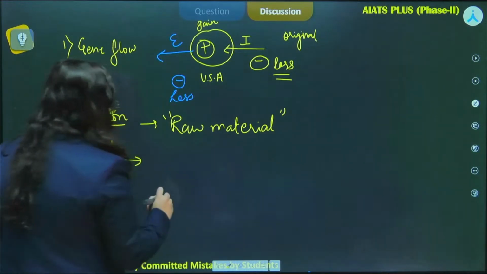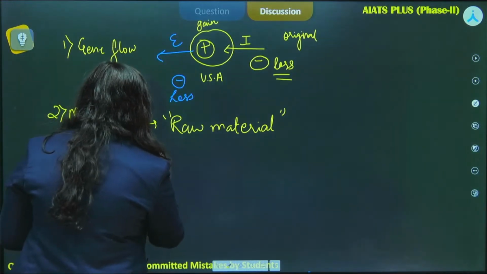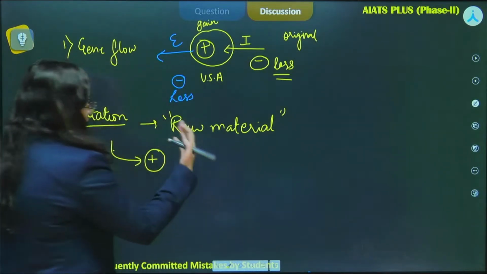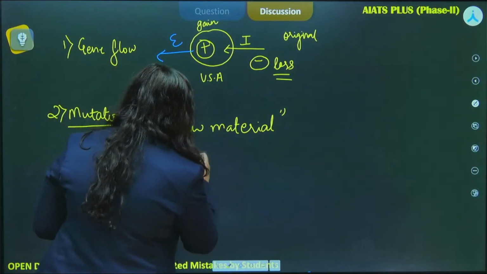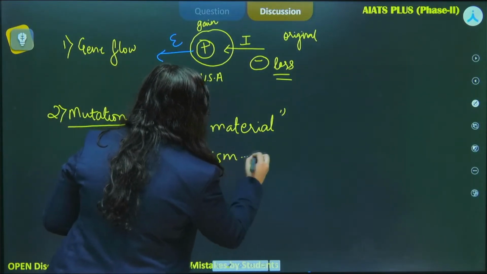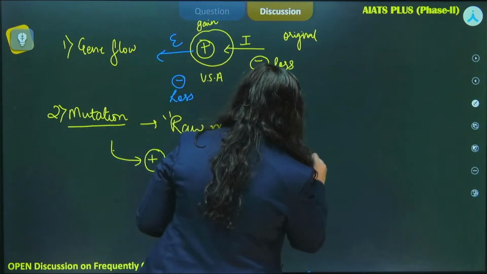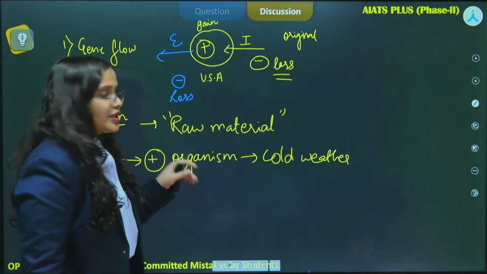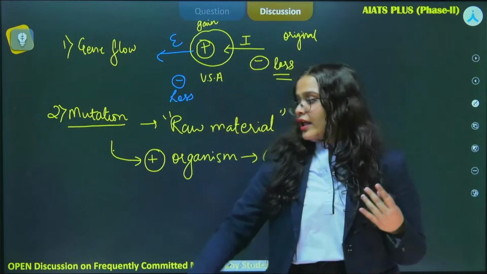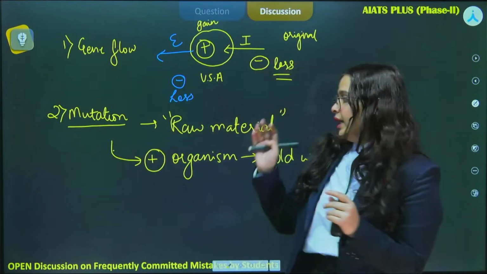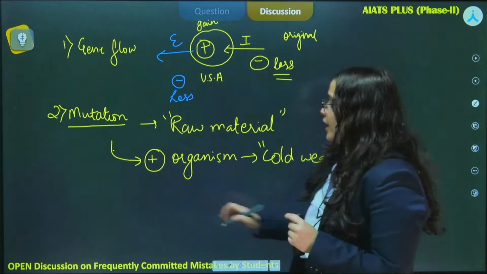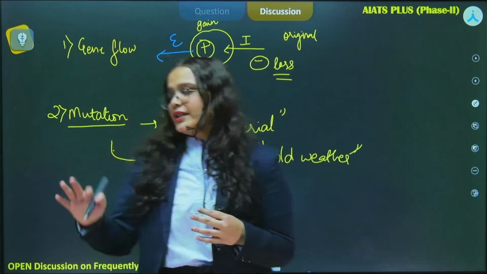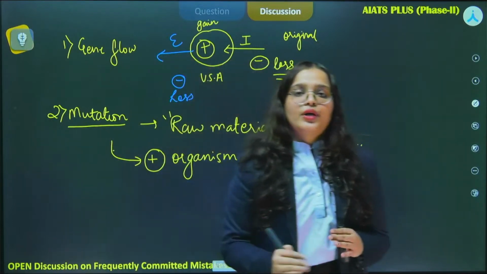Let's suppose we have a mutation which causes an organism to survive in harsh conditions like cold weather. This mutation occurred very randomly, and before the cold weather arrived, these mutations were hidden in the organisms, which means they were not yet expressed.